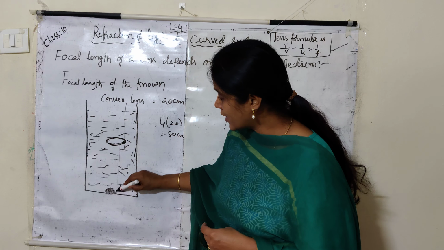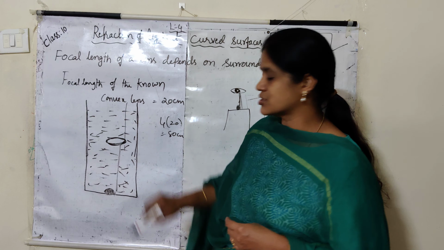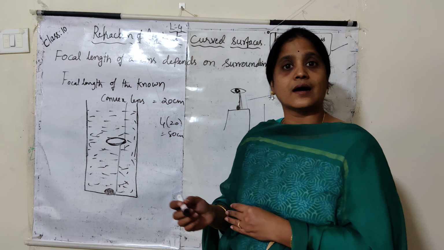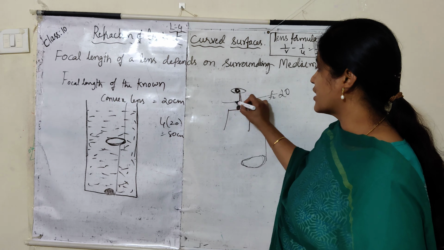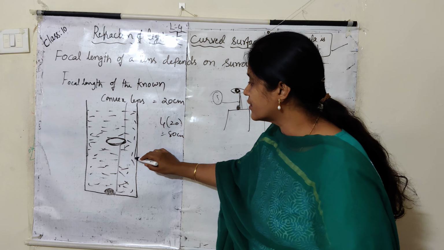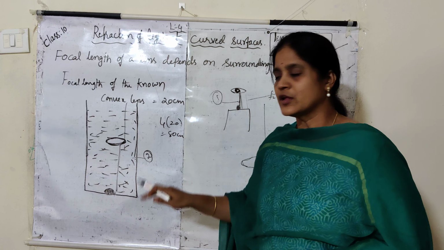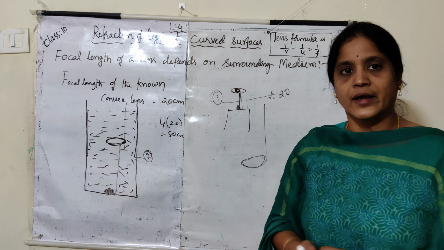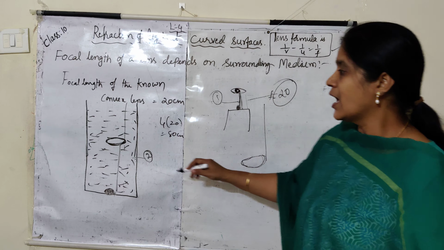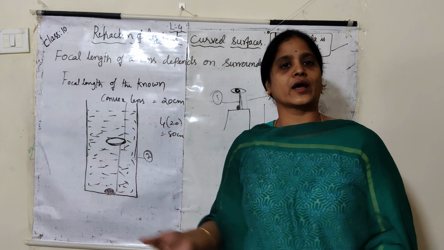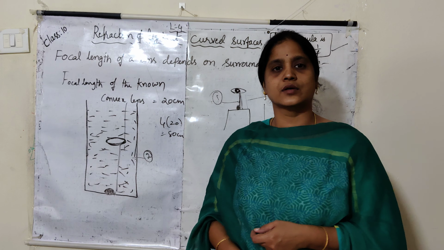Measure the distance and compare it with the distance when the object was placed in air. We compare these two mediums, air and water. In air you get the focal length as a smaller value, that is 20, and in water you will get a larger value. Why?